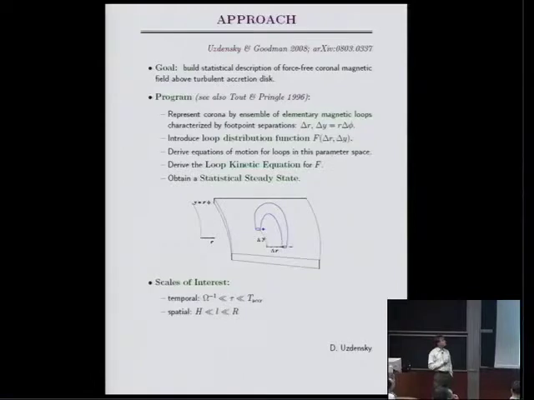Then we introduce the distribution function of these loops in this parameter space. And then we look at the physical processes that we believe are important in this corona to figure out what are the equations of motion of these loops individually and how they interact with each other.